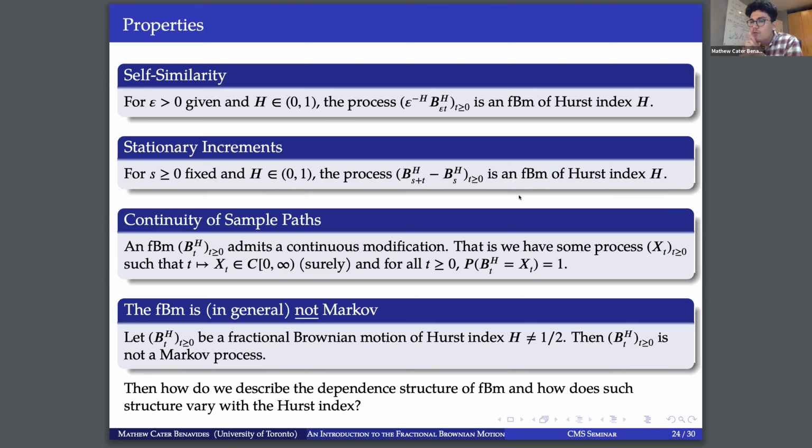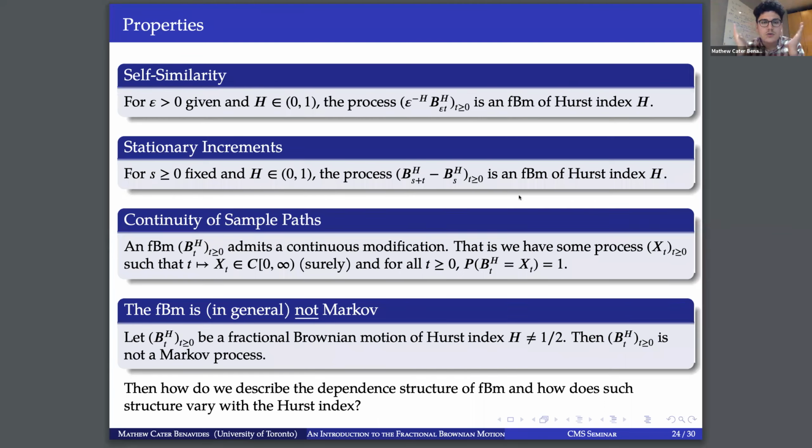So how do we then describe the dependence structure of the FBM, and how does such structure vary with the Hurst parameter? Just to hammer home that point a little bit more, the classical process is motivated from that of a random walk, which is the quintessential example of a Markov process. You're taking a random step at every given time, and it's not being governed by anything that had happened prior, right?